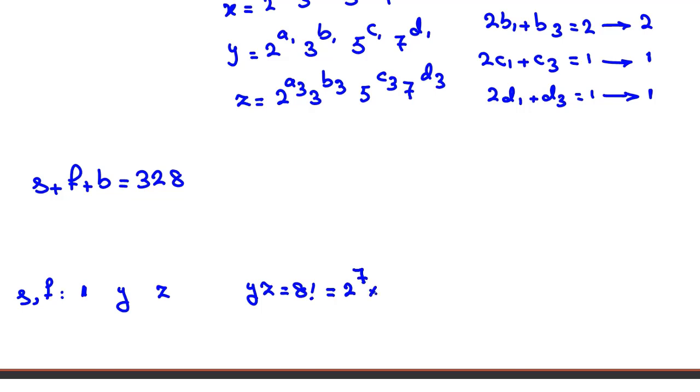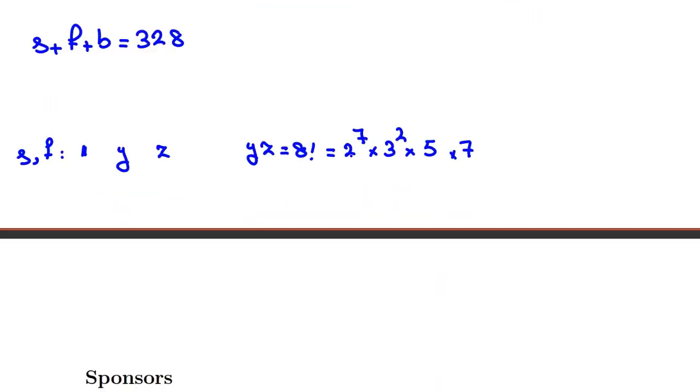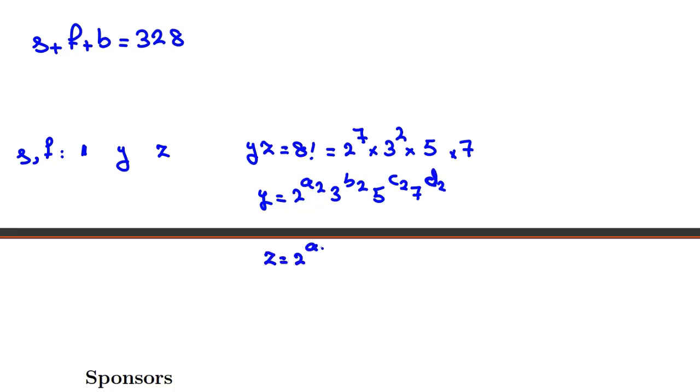Means 2 to the 7 times 3 to the squared times 5 times 7. And if we write y as we said, 2 to the a2, 3 to the b2, 5 to the c2, 7 to the d2, and z equals 2 to the a3, 3 to the b3, 5 to the c3, 7 to the d3.